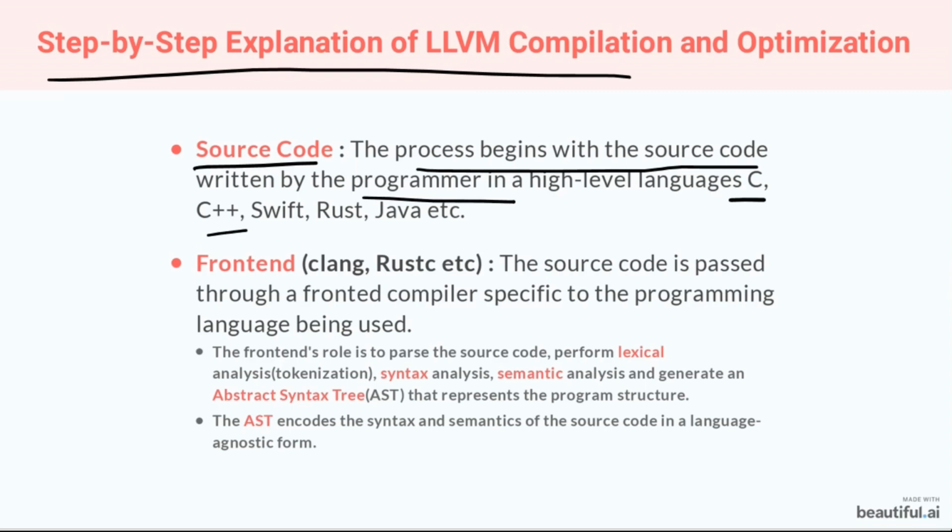Then it will pass through the first step, the front end. It will perform lexical analysis, syntax analysis, semantic analysis, and then generate an AST, abstract syntax tree, which is nothing but a hierarchical representation of our program.